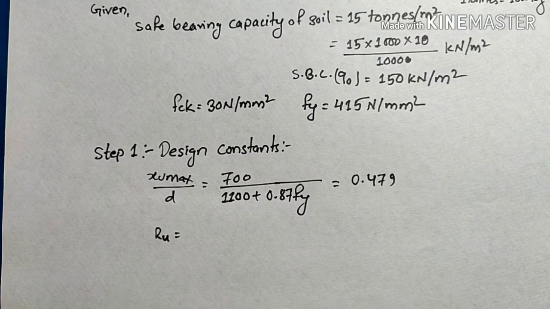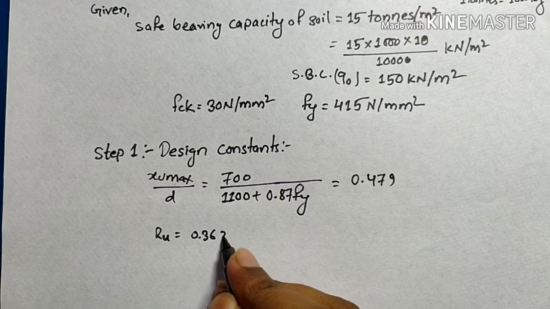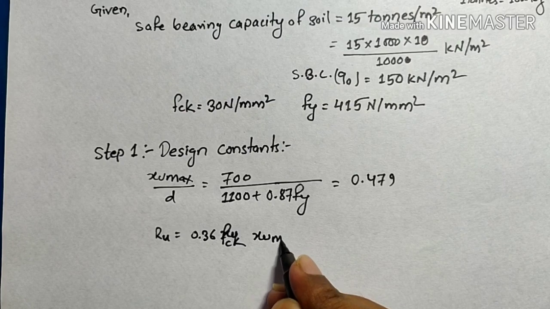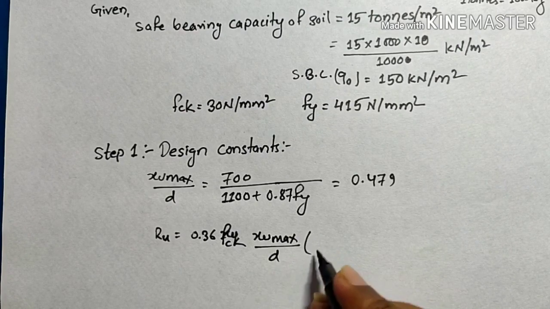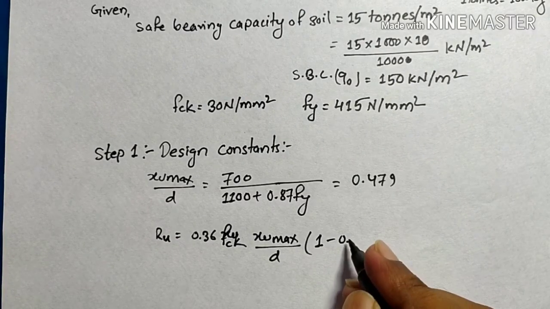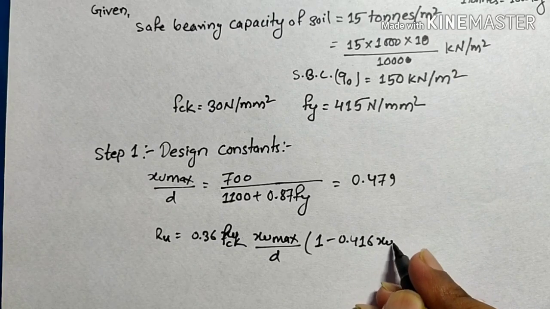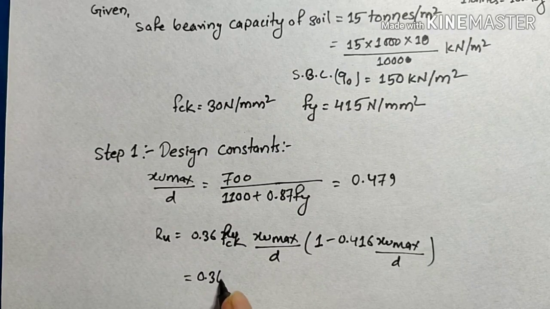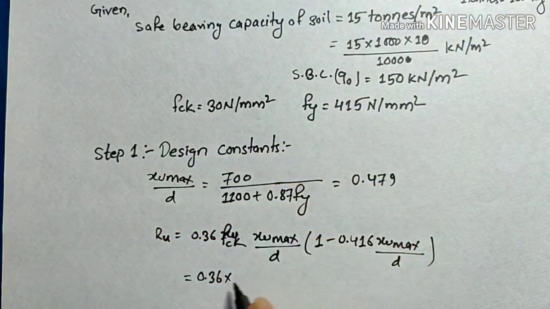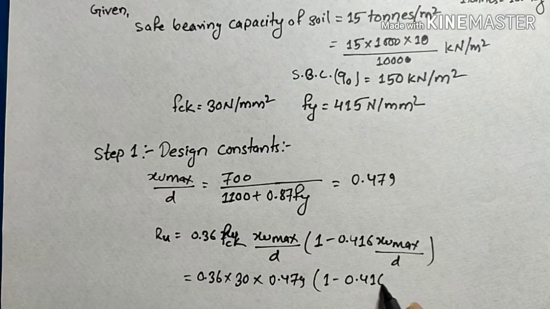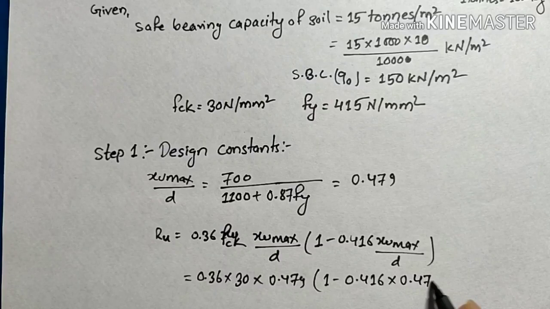and the second design constant is Ru, and we have Ru equals 0.36 FCK XU max by D times 1 minus 0.416 XU max upon D. Now put the value 0.36 FCK equals to 30 Newton per millimeter square, 30 into XU max by D equal to 0.479 times 1 minus 0.416 times 0.479.